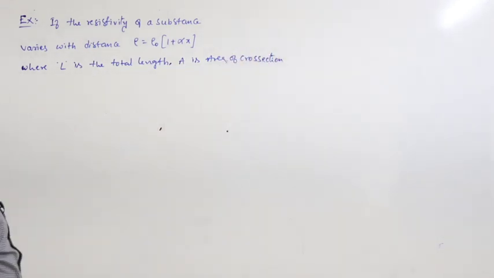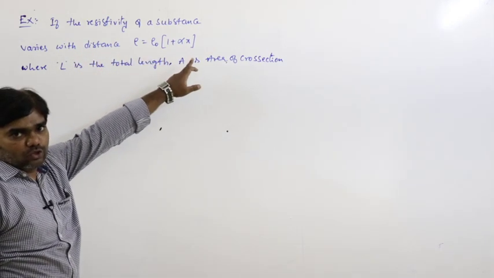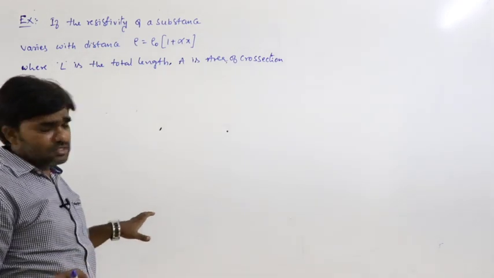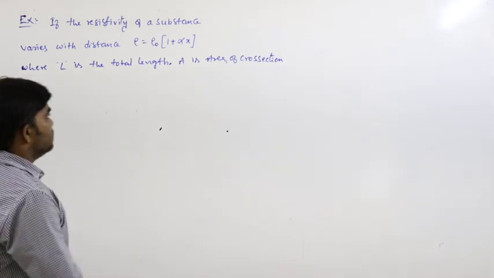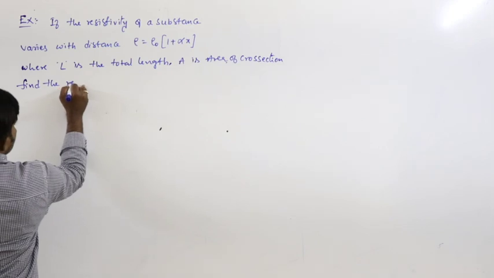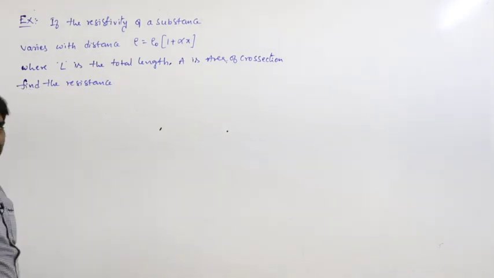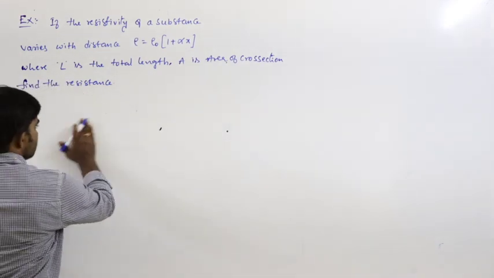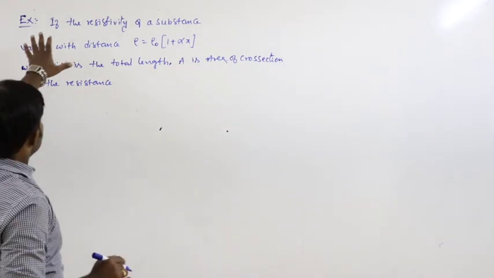If the resistivity of a substance varies with the distance, rho is equal to rho naught into 1 plus alpha x, where L is the total length of the substance and A is the area of cross section, find the resistance here. So we have to find out the resistance in this situation. So that is the question.